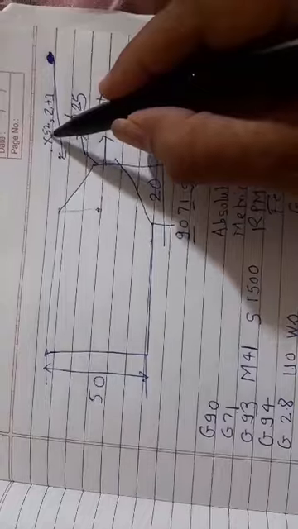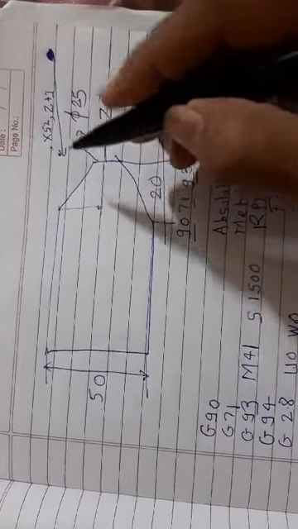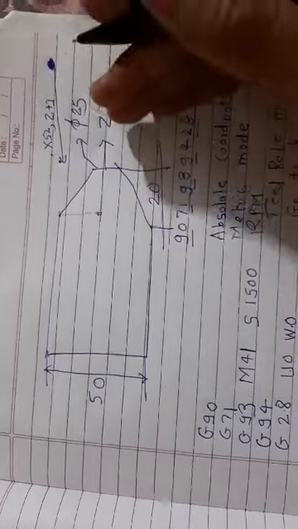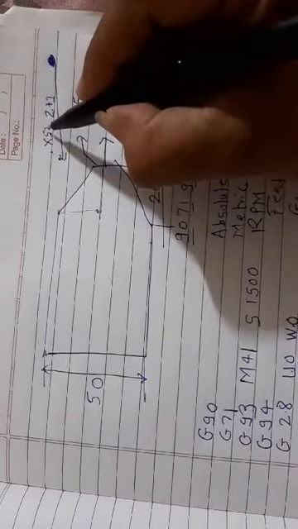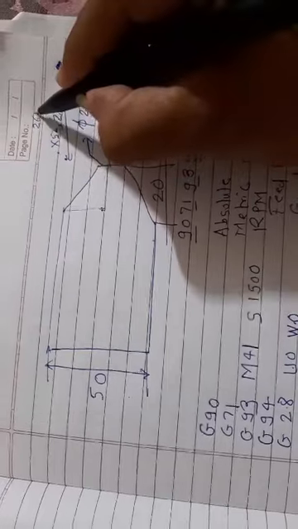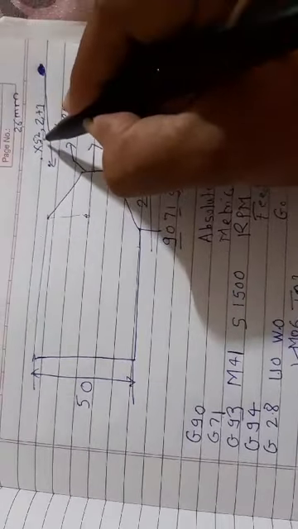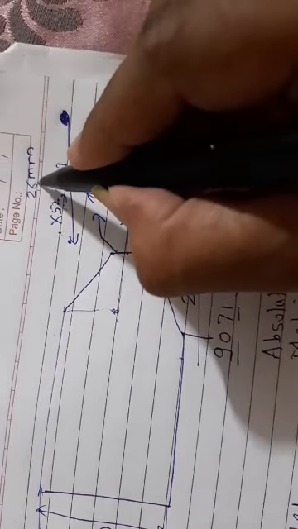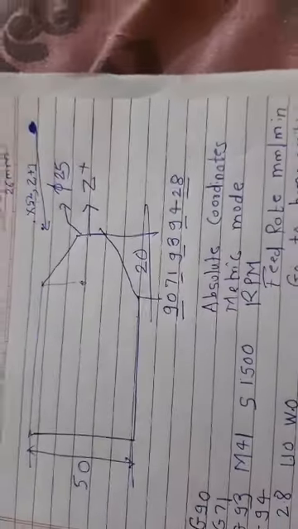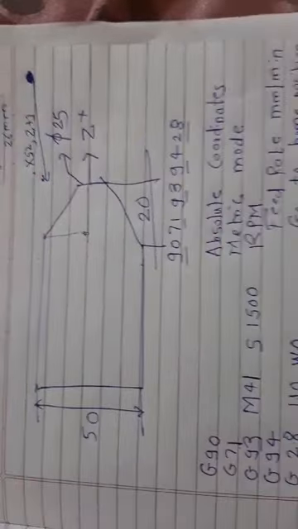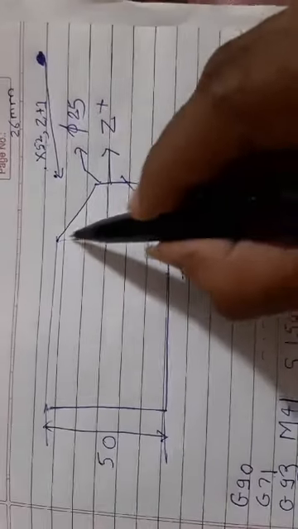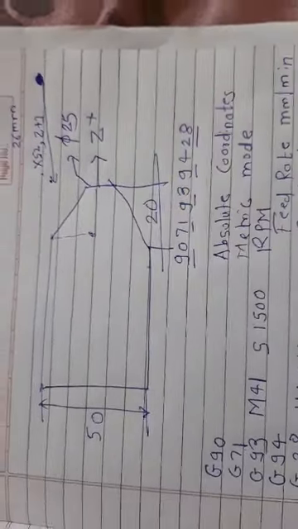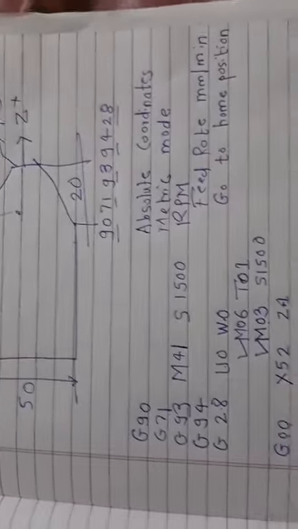If you write x52, the actual movement of the tool will be half of the written value, meaning the actual movement of the tool will be 26 mm. It will not be 52 mm. So for simplicity of writing the program, we write the diameters in the x coordinate column instead of writing a radius.